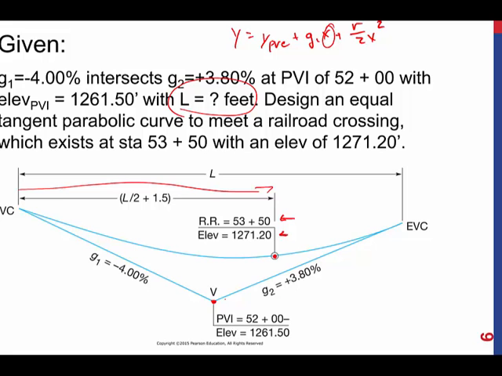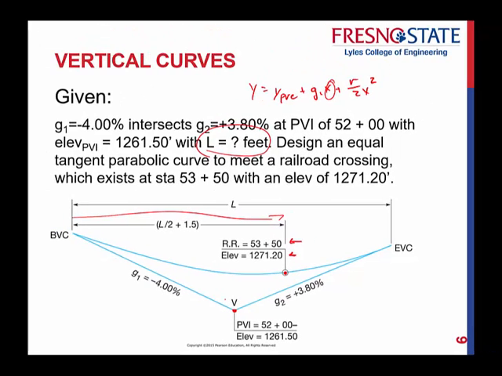You know the PVI is the middle of the whole curve. So you can take the difference between 52 and 53 plus 50, which is 1.5. And then we know that the remaining portion of that distance is L over 2. So we just need to make sure we understand what information is really given and what we do have. Right now L is still the unknown, so that's what we're going to try and solve for.